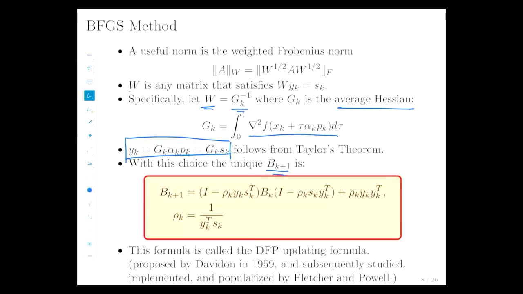It requires n cubed number of operations. N is the dimension of space. For certain, if we are very efficient, we can try to bring it down to, I think, 2.5. But in general, it's n cubed. So it's a hefty set of operations. We probably don't want to do it. So the next question is, is it possible to use these updates but efficiently calculate the inverse? So we don't need to explicitly calculate the inverse of Bk at each iteration.